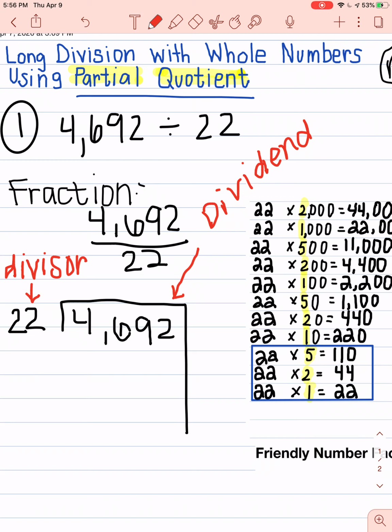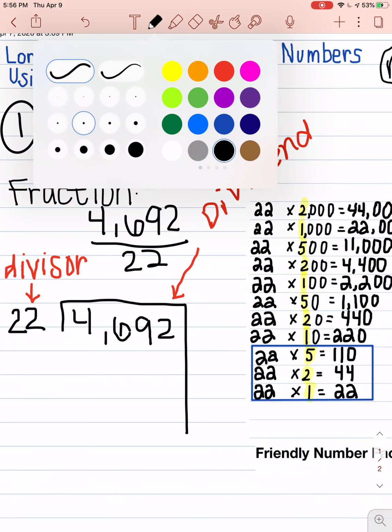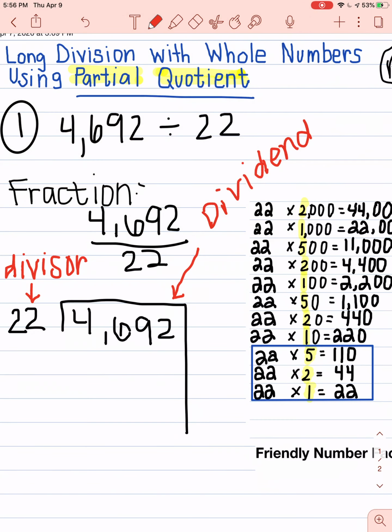All right, so we're going to ask ourselves this question every single time to solve using partial quotient. So I'm going to be switching between my friendly number facts and this. So am I able to subtract 44,000 from 4,692? The answer should be no, because it is way too big.